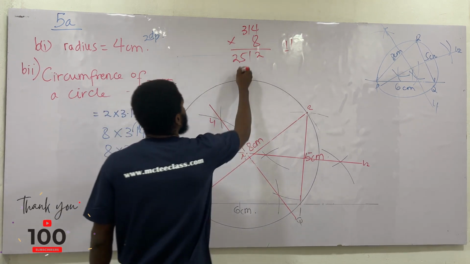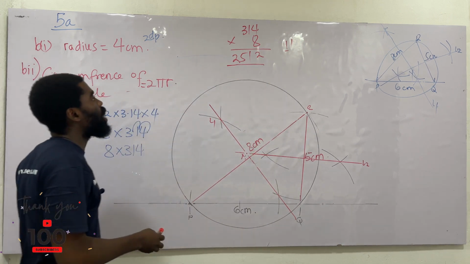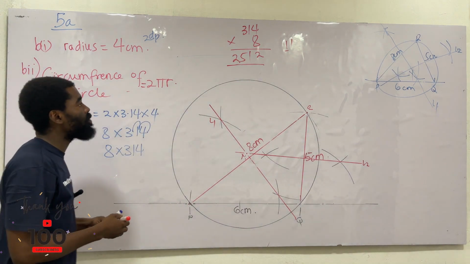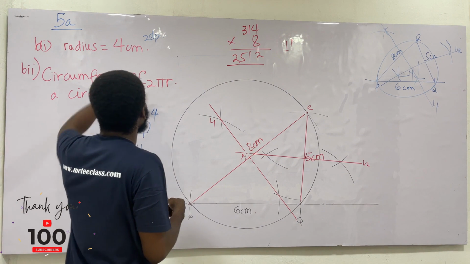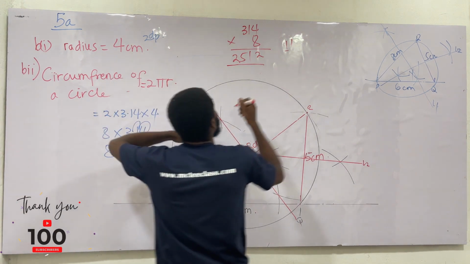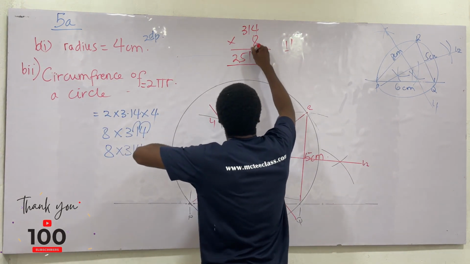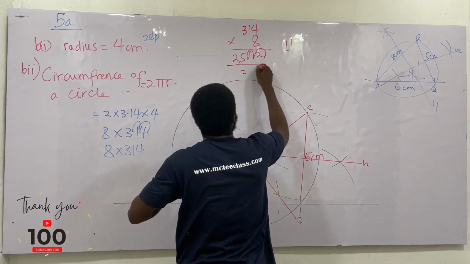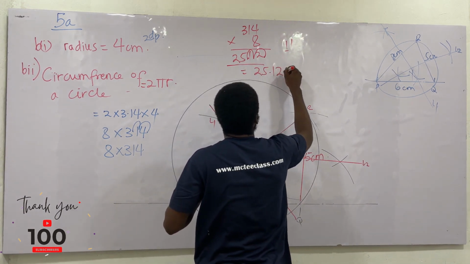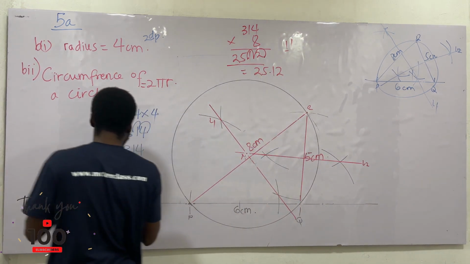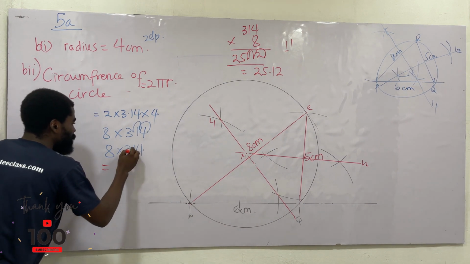So what we have here is 2512. Remember we kept 2 decimal places, so we count 2 decimal places into it: 1, 2. This gives me 25.12.